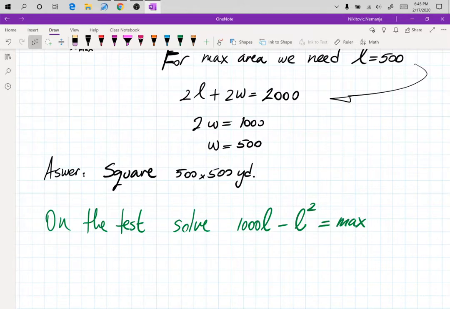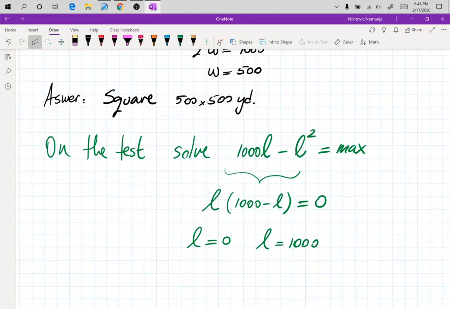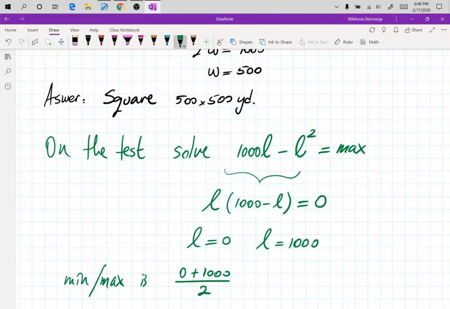On the test, you will take this, factor out L, and set it to 0, from where you get L equals 0, and L equals 1000. The min or max, depending on the problem, is at 0 plus 1000 divided by 2. So it's at the average, and then it's 500. That's the 500 I got before by looking at the graph.